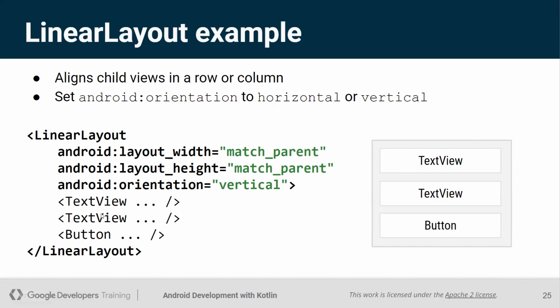We can have text views, button views, image views, multiple different types of views that we can place inside this linear layout. The linear layout defines the entire layout for all the different items that we place inside it.